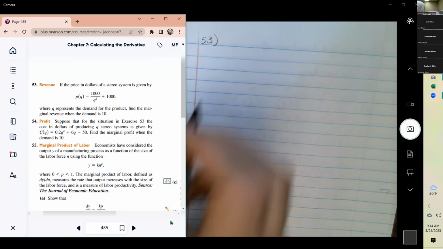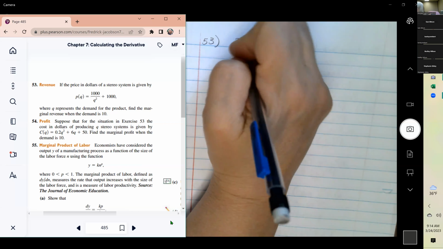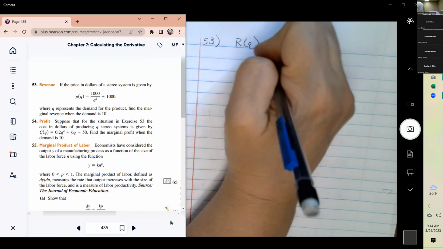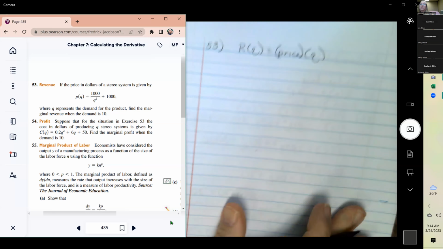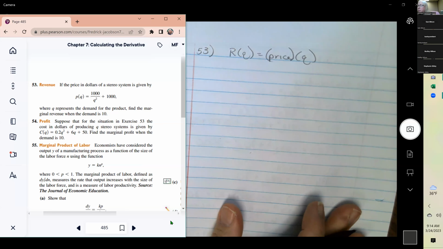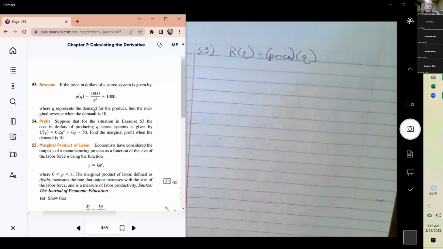Remember at the end of last class when we found revenue, it was price times Q. They gave us price right here.